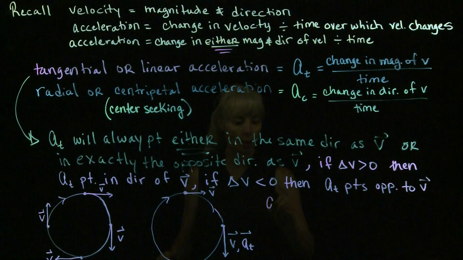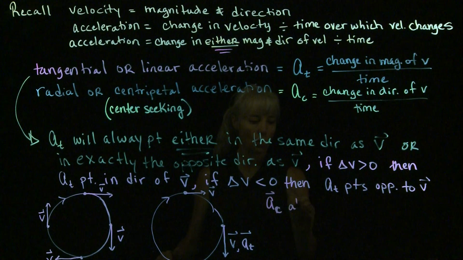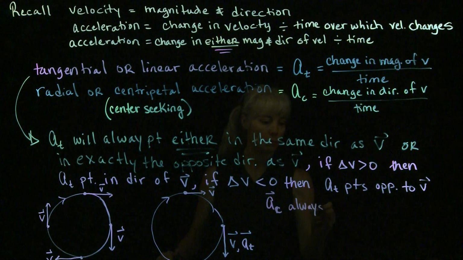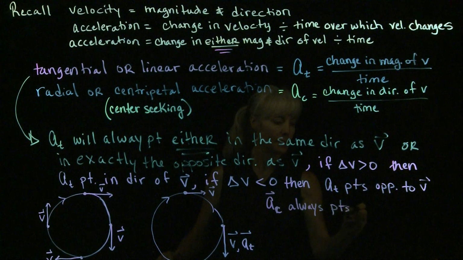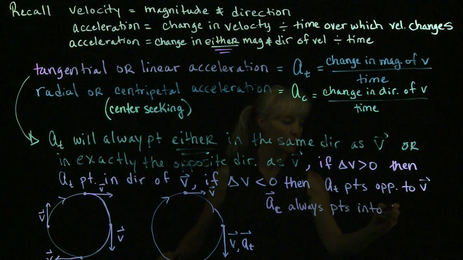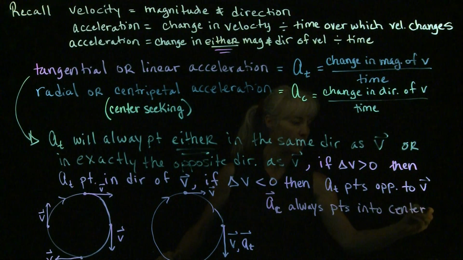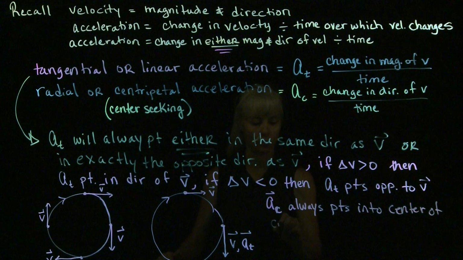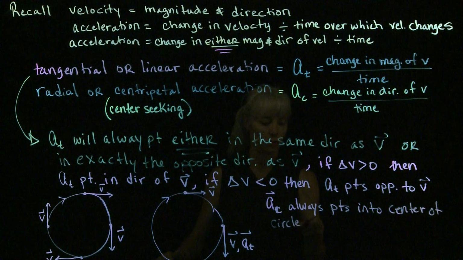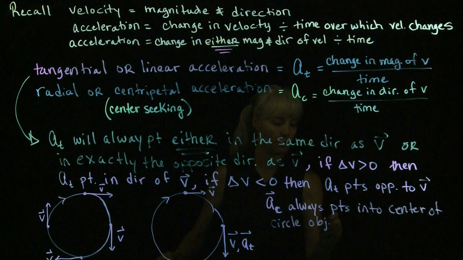So a sub r, a sub c, always points into the center of the circle the object moves through.